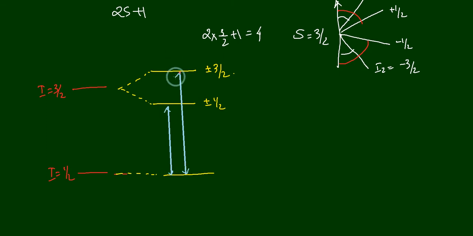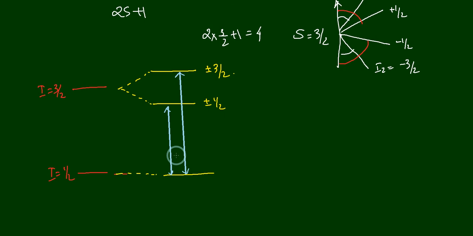When the nucleus is formed in the excited state first, and then comes to the ground state, a gamma ray will be emitted, and this will be absorbed by the sample nucleus in the ground state, and that sample nucleus can make these two transitions. Corresponding to these two transitions, we will get two bands in the Mossbauer spectrum.